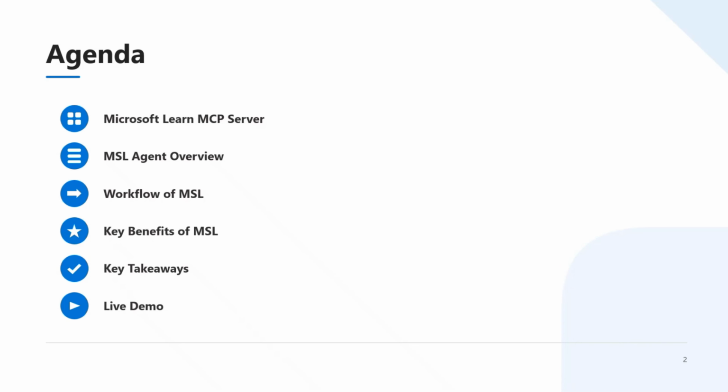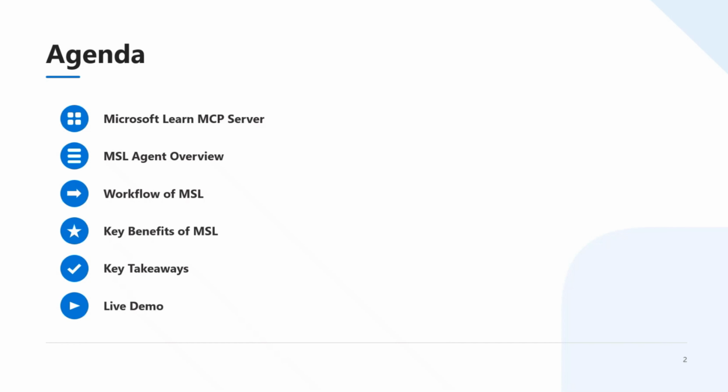Let's begin with a quick overview of today's agenda. First, we will understand what Microsoft Learn MCP server is and why Microsoft introduced it. Next, we'll look at the MSL agent and understand how it is built using Copilot Studio.